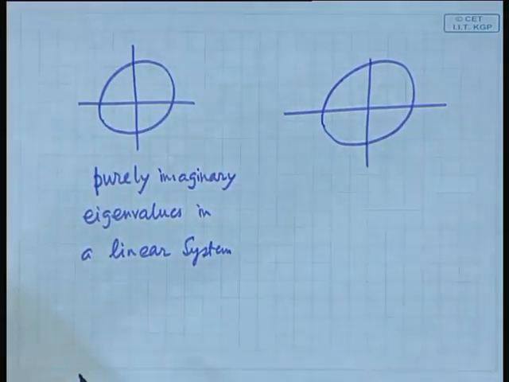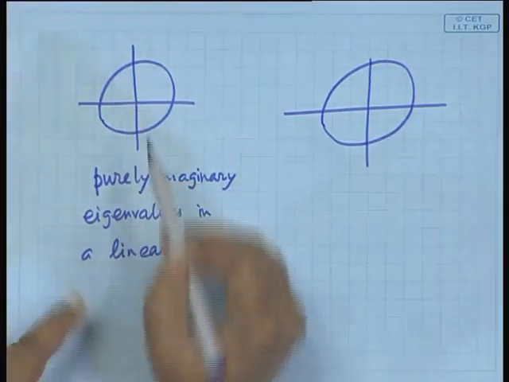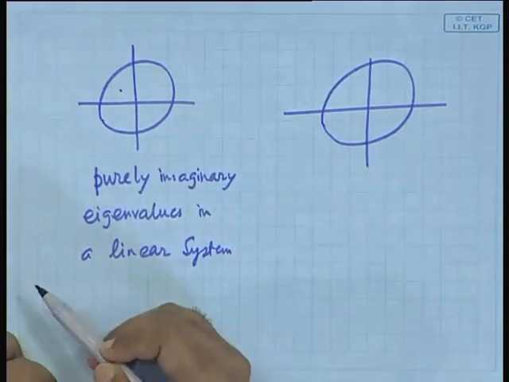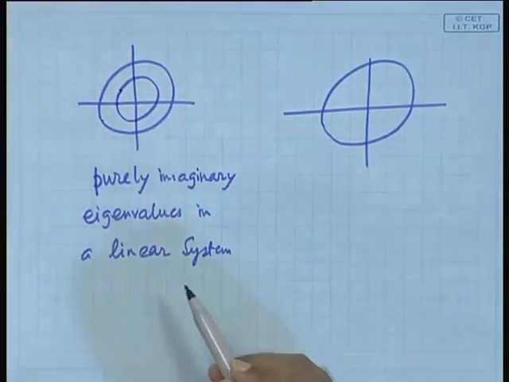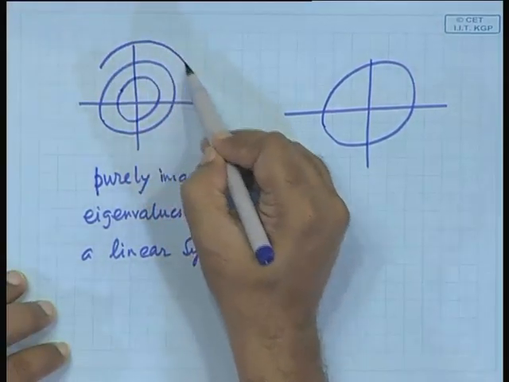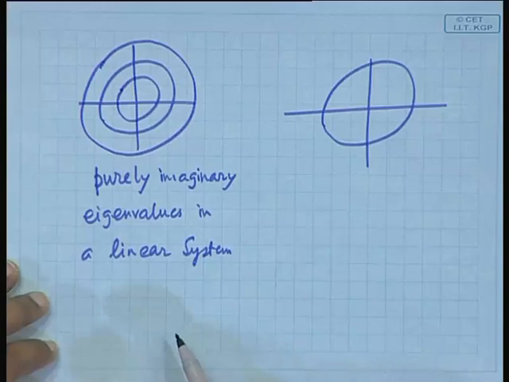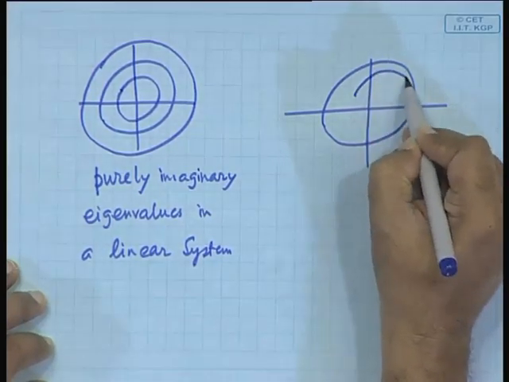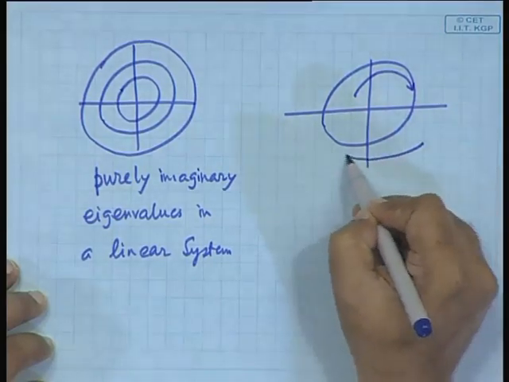Can this be called a limit cycle? No. Note the word limit. If you start with a different initial condition in a case with purely imaginary eigenvalues, say you start from here, it will go into another loop, a different loop, not the same loop. Start from another initial condition, it will go like this, a different loop. While in this case, if you start from another initial condition, it will converge onto that.